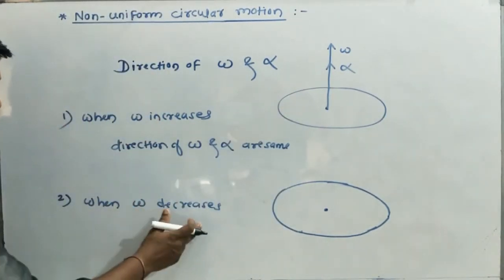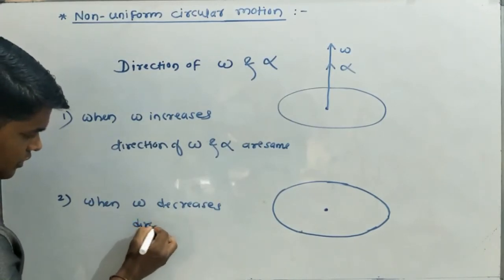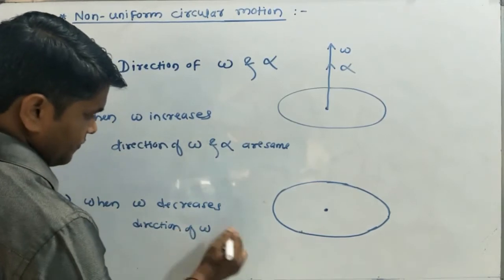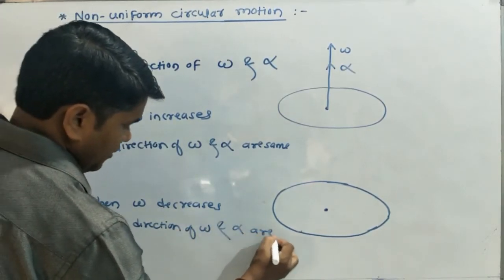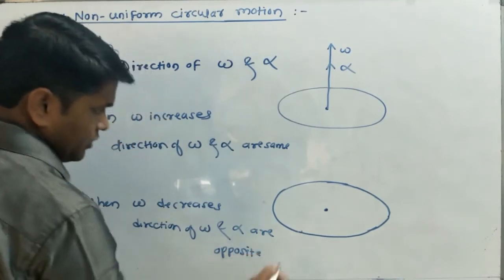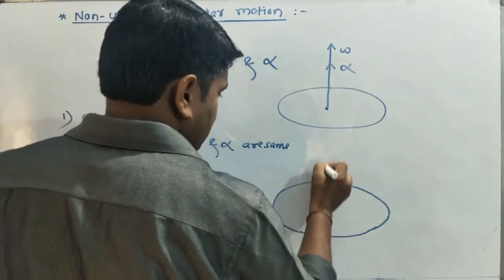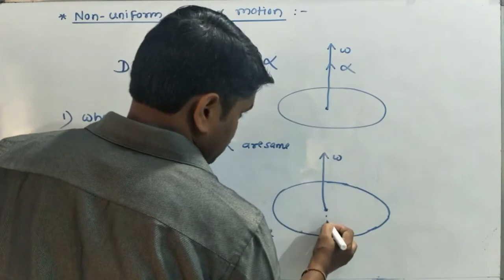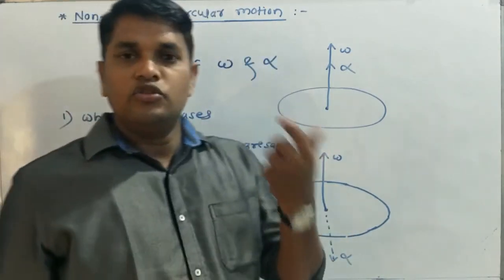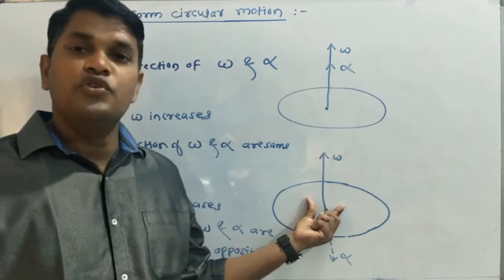When omega decreases, then the direction of omega and alpha are opposite. What will be the direction of both? It will be different, opposite. Suppose this is the direction of omega, then this is the direction of our alpha. That's why the fan slows down. This is when the fan is switched off.